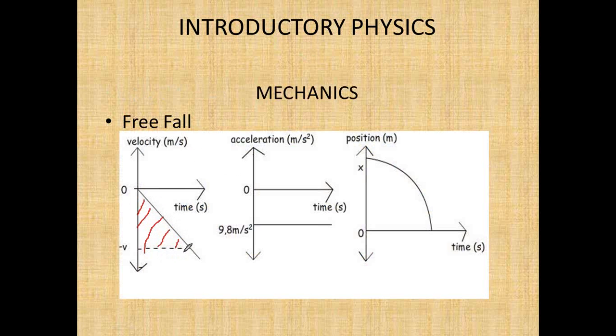Now, the area for a triangle is half the base times the height. Okay? The area for a triangle is half the base times the height. So the time is on the horizontal axis, velocity is on the vertical axis. So if we take half times the time times the velocity, we get the displacement or distance.